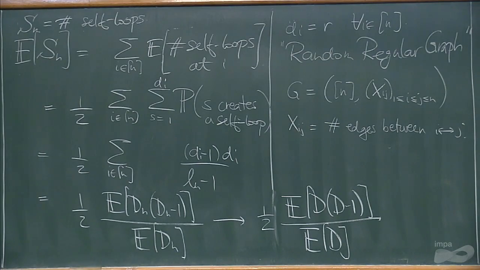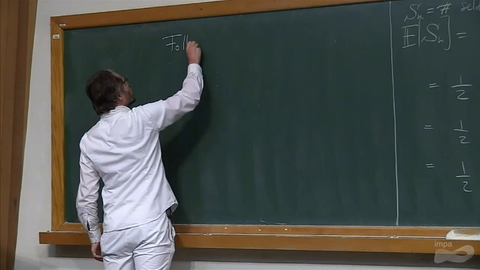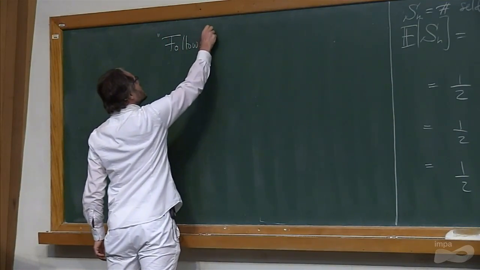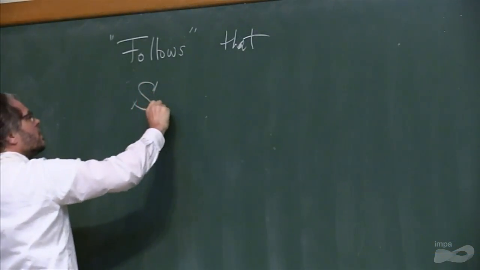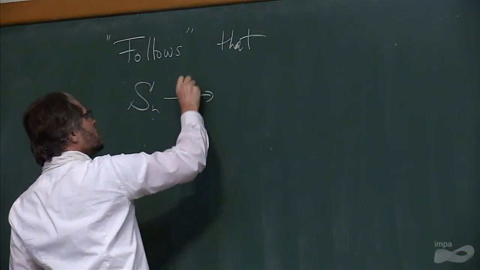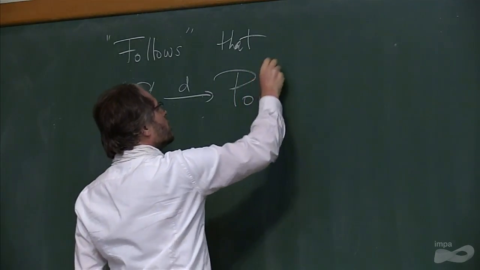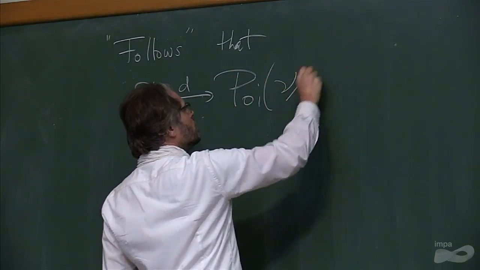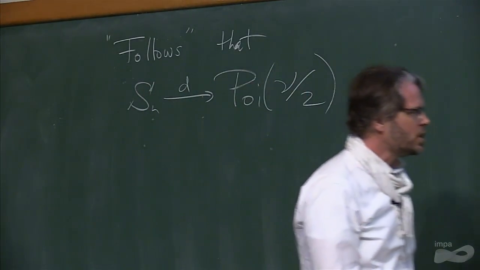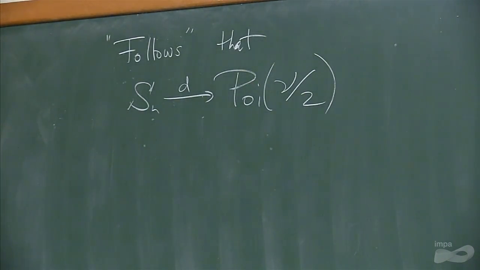So indeed, under this assumption, it follows, now of course you have to do more work here, that S_n converges in distribution to a Poisson random variable with that parameter, which I will call nu. So this is nu. And this will come about in later lectures.